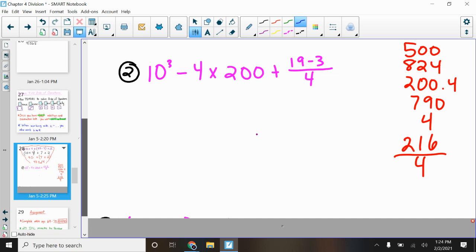Here we go. First step. Who can tell me what I should have done first? Tessa? I should have done the exponents first. I don't see any parentheses here, but I do see an exponent. So I'm going to block out this stuff here because that's what I want to do first. Tessa, what is 10 to the 3rd power equal to? Yes, 1,000.